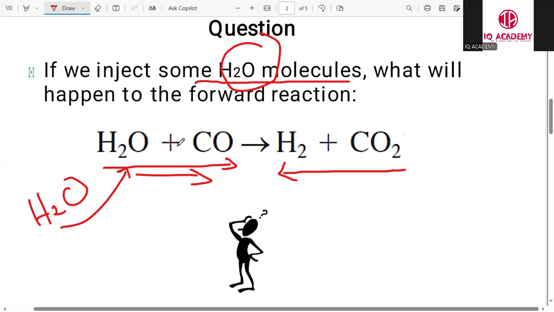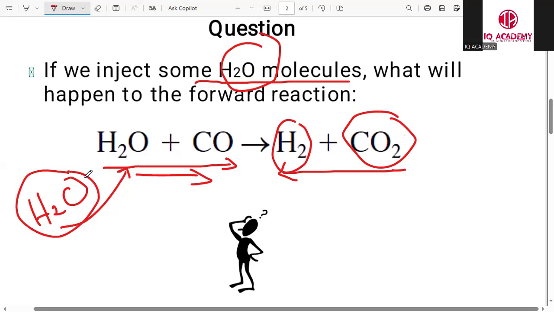Okay, this shift will increase the production of this oxygen that we can see. I mean, this hydrogen that we can see here, and this carbon dioxide that we can see there. Okay, to reduce the amount of water that is being added. Okay, and as a result, they are re-establishing what? The equilibrium. Okay, so that's all about chemical equilibrium.